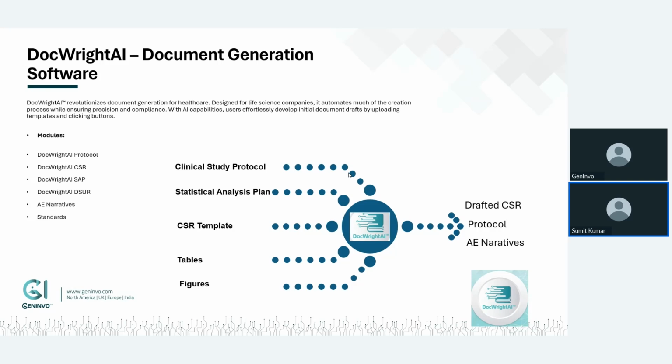DocWrite AI addresses this challenge by intelligently extracting information from the source documents, including the protocol, SAP, and the in-text references. By leveraging AI algorithms and natural language processing capabilities, the tool accurately organizes and places the extracted information into the appropriate section of the CSR, ensuring compliance with the guidelines outlined in ICH E3.